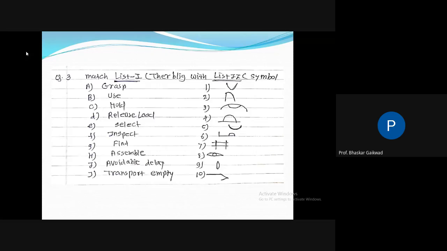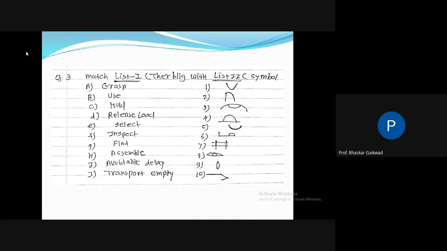Now next thing is in our micro motion study, the Therblig part. There are totally 18 Therbligs. Just you have to match and solve these questions. Grasping, which symbols will be there. For example, transportation empty is there.